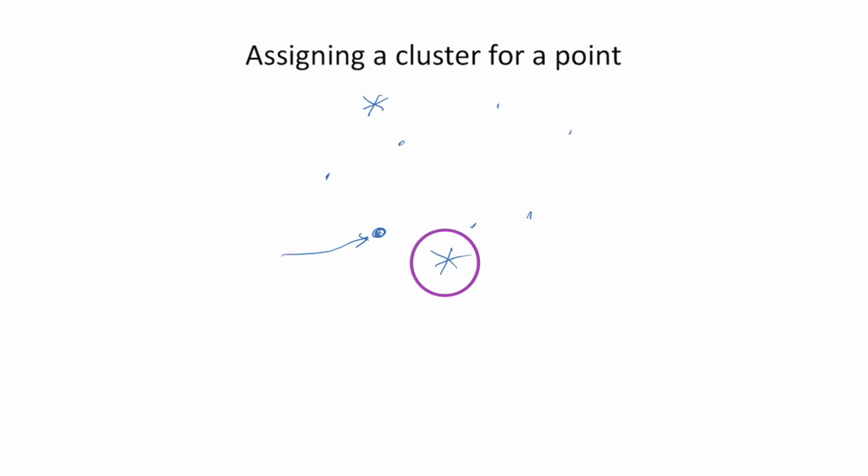Of course, this cluster centroid is closer to this given point than this cluster centroid. As a result, this point will be assigned to this cluster centroid. We can find out the distance between each point and these two centroids, and for each point we can say whether the point belongs to this centroid or this centroid. That's how we can provide a cluster assignment for every point given the centroids.